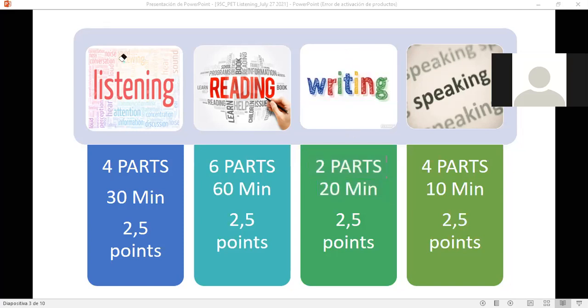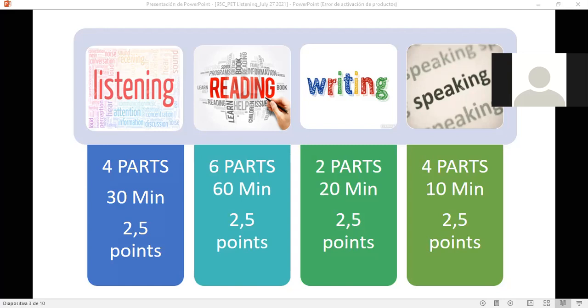And finally, we have speaking. Speaking is, we can say, the skill that is going to need less time. You're only going to have 10 minutes to speak and you're going to do it as a pair.